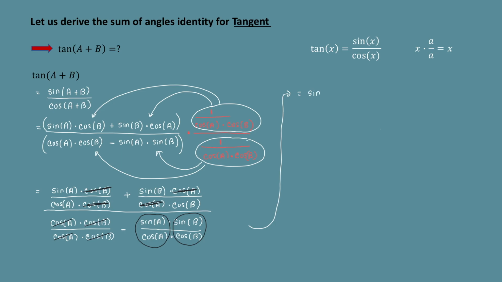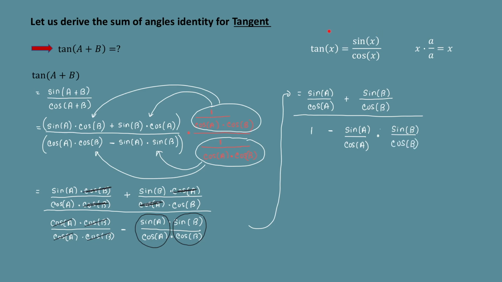We have sine A divided by cosine A plus sine B divided by cosine B. In the denominator, if you remember, all of these factors canceled out. So then 1 remains there. 1 minus, nothing was canceled in the second term, sine A over cosine A times sine B over cosine B.